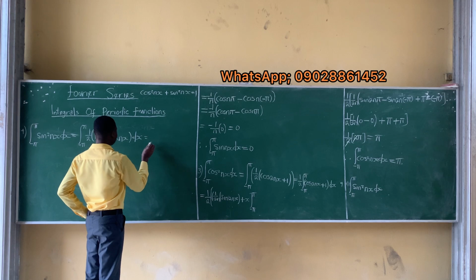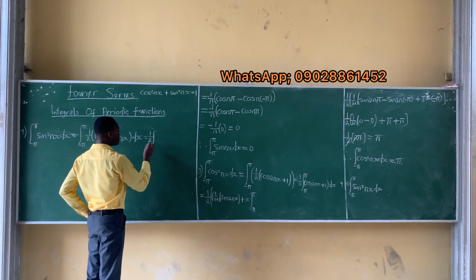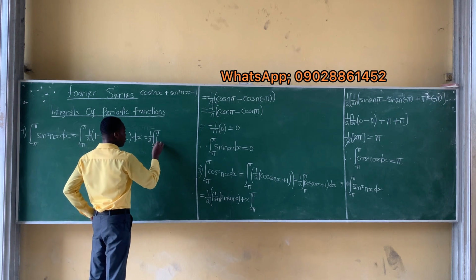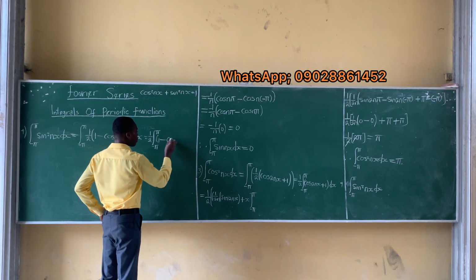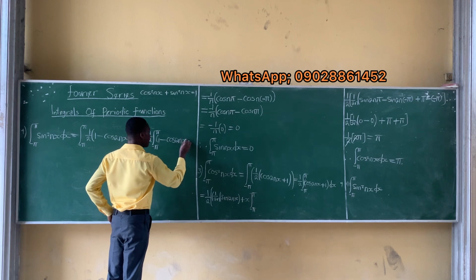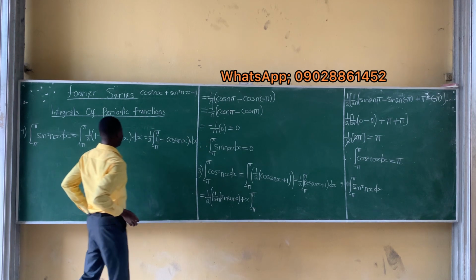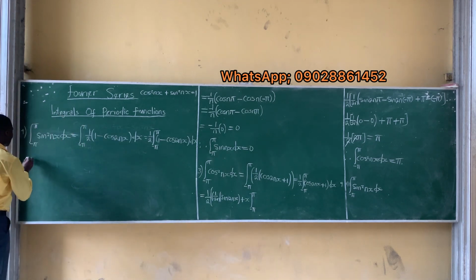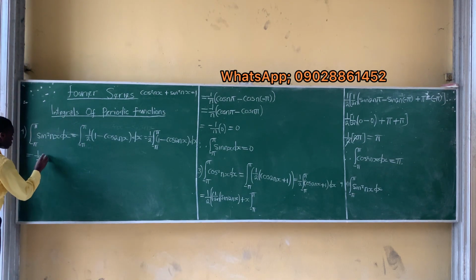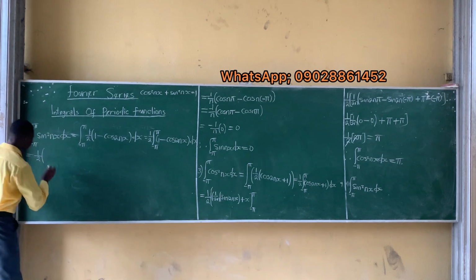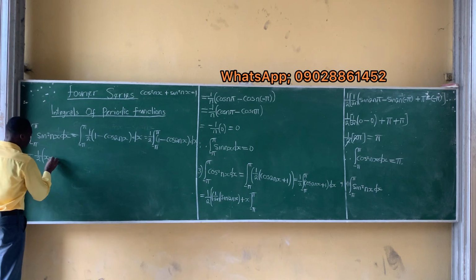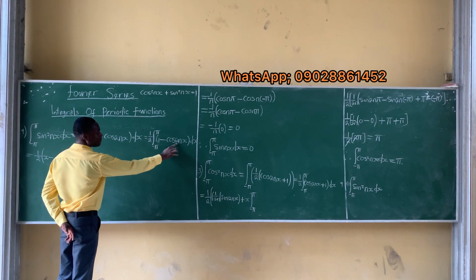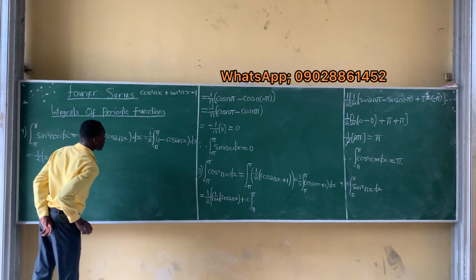So this is equal to 1 over 2, the integral from minus pi to pi of 1 minus cos 2nx dx. So if we integrate 1 with respect to x, we have x. So we are going to have 1 over 2 into, if you integrate 1, you have x minus, to integrate cos, you first of all differentiate the angle. If you differentiate 2nx, you have 2n.